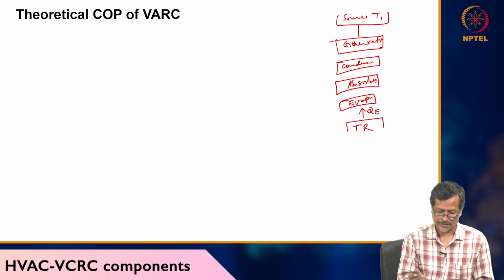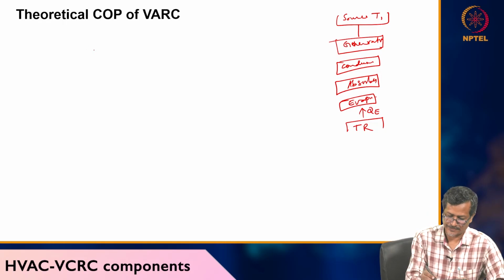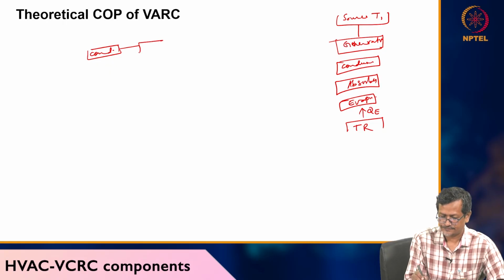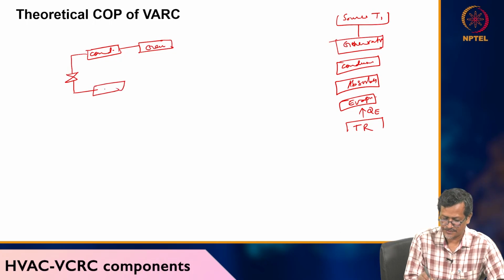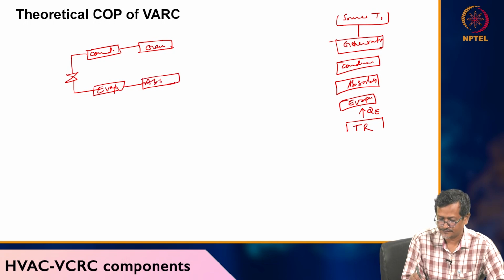So I have to draw this vapor absorption system again: condenser, generator, then condenser to throttling valve, then evaporator, then evaporator to absorber.